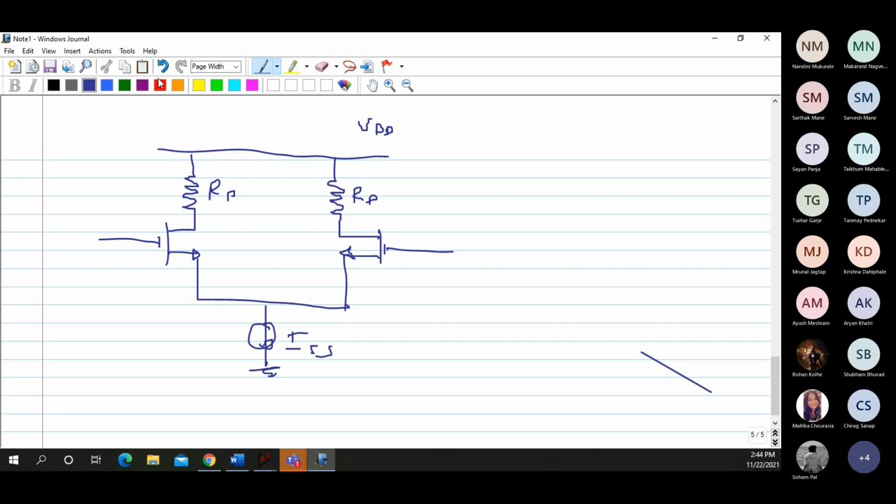So here we have V in 1, V in 2, and here we have ID1 and ID2.